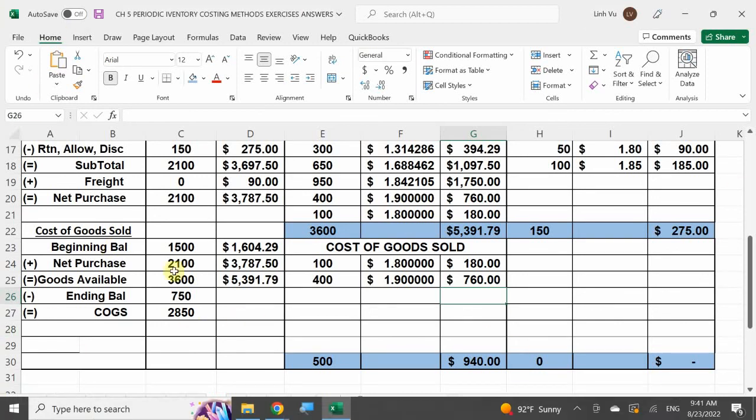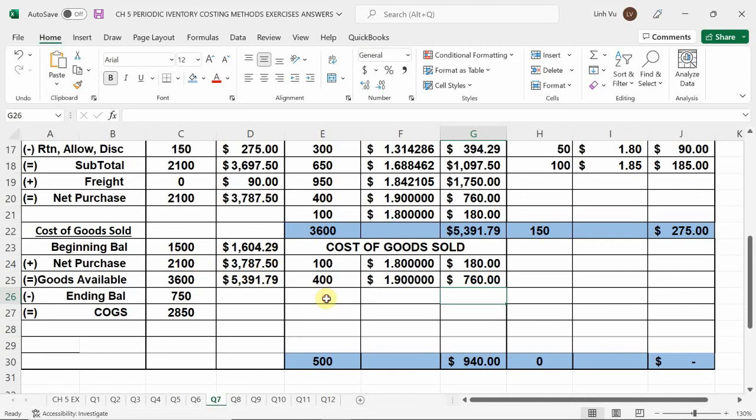So in this case, next batch, 950 is next. Okay. I'm also going to eliminate the 650. Okay. So I'm at 2,100. What else do I have to do? I'm going to do another 300. Okay, so I'm at 2,400.